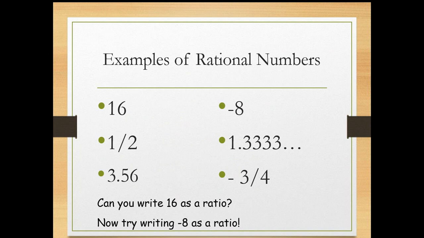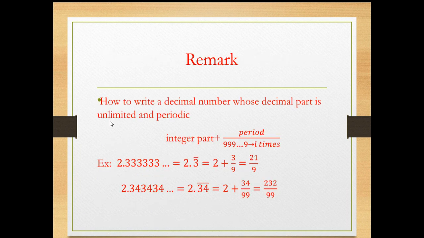Now I want to show you how to write this one, 1.333, when I have a repeating decimal, as a fraction. It's very important to know how to write it as a fraction. I will go to the second part. Remark: how to write a decimal number whose decimal part is unlimited and periodic.